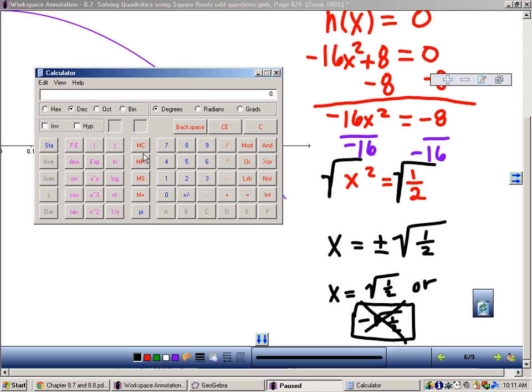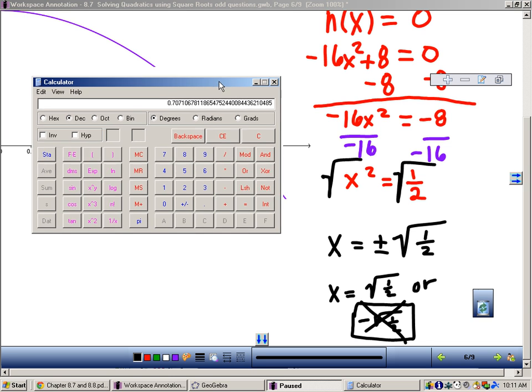And the square root button, I don't see it, so I will use what we call fractional exponents. So the square root is the fractional power 1/2, so I'll write 0.5 raised to the 0.5 power. And there it is. I know it's tough to see, but it is 0.707.